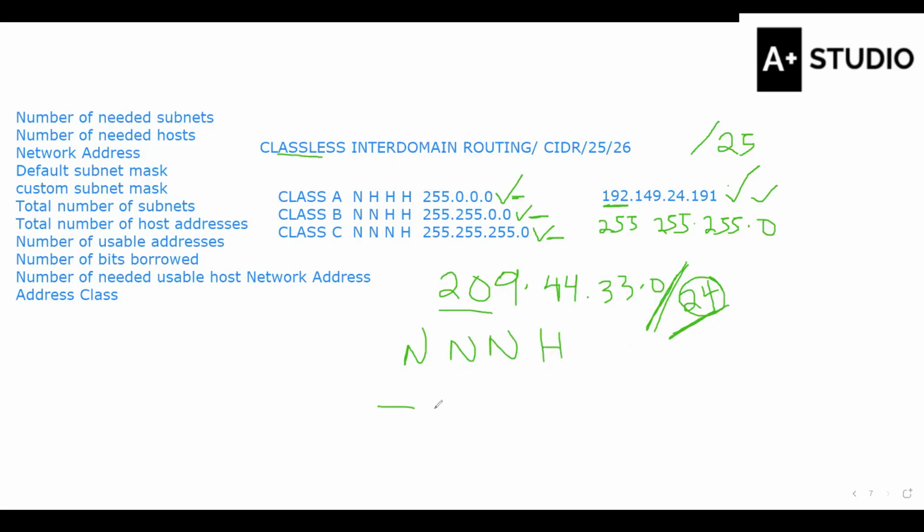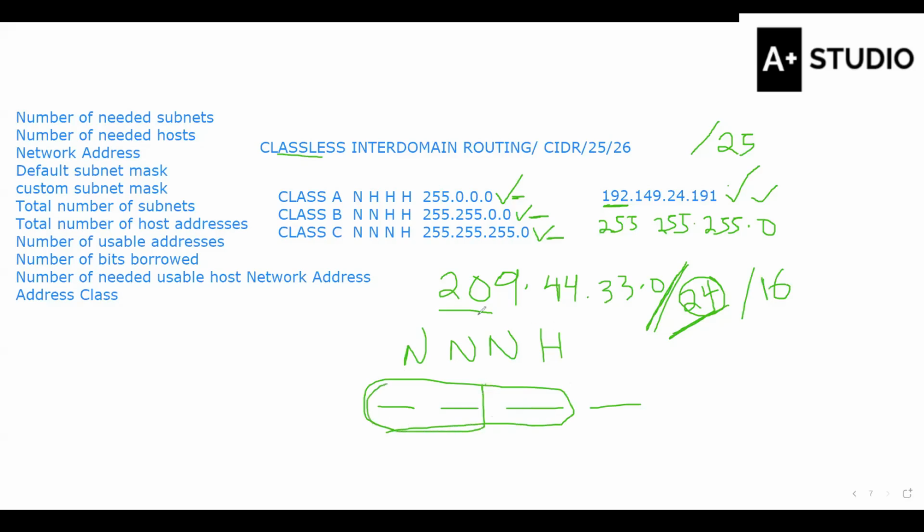Let me say first octet, second octet, third octet, fourth octet. And then they tell us that this is CIDR 24, which means that our first 24 bits is our network. So if they tell us that this is CIDR 16, which means that our first 16 bits is our network.